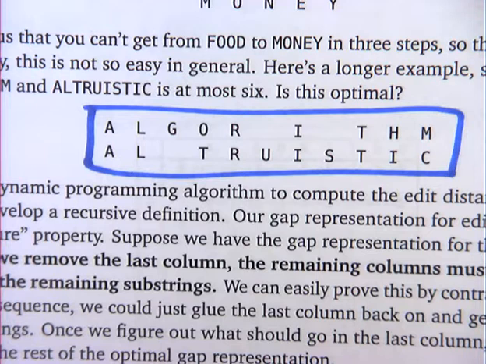There's 2 insertions, 1 deletion, and 3 replacements. The columns where the character above and the character below are the same don't count as operations. Those are sort of free.